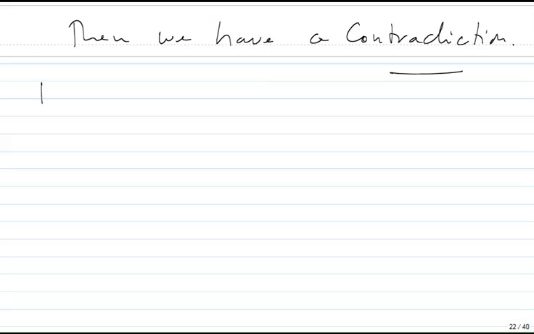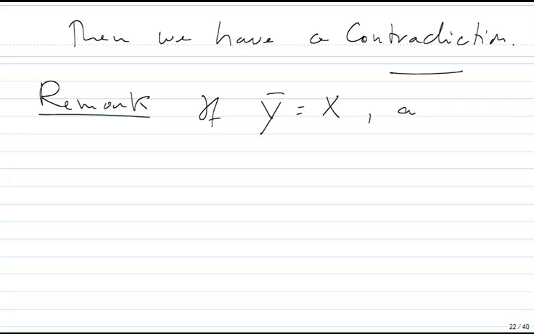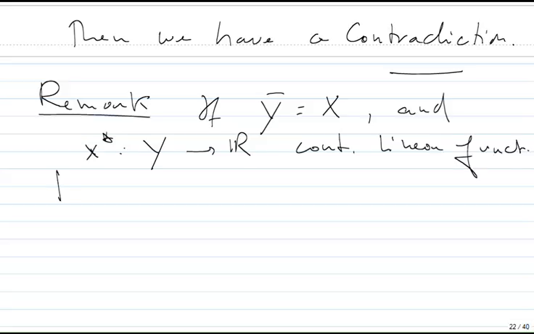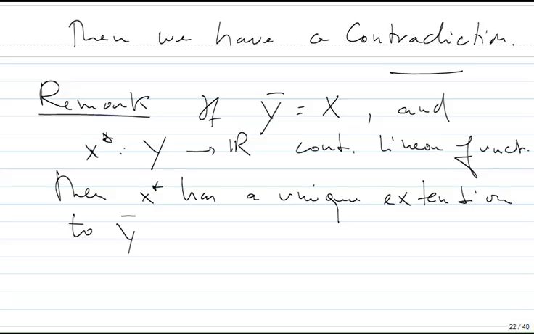A remark here: if you have a subspace which is dense and X star here is defined from Y into R, a continuous linear functional, then X star has a unique extension to Y bar equal X. So in particular, if a linear function is equal to 0 on Y, obviously it's going to be 0 on the entire space.